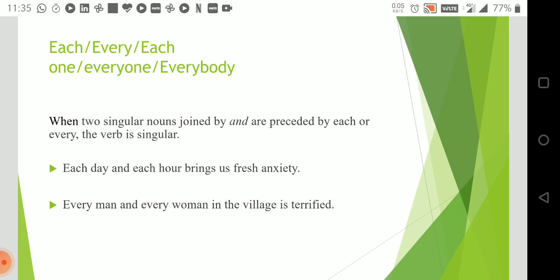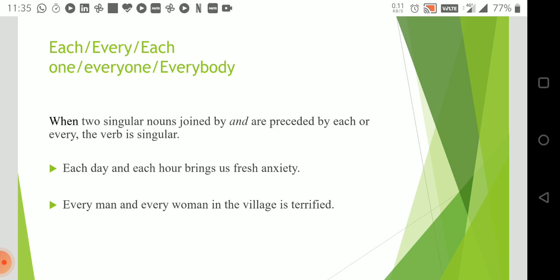On the other hand, if two or more singular nouns are joined by and are preceded by each or every, the verb must be singular. Each day and each hour brings us fresh anxiety, as is written here.